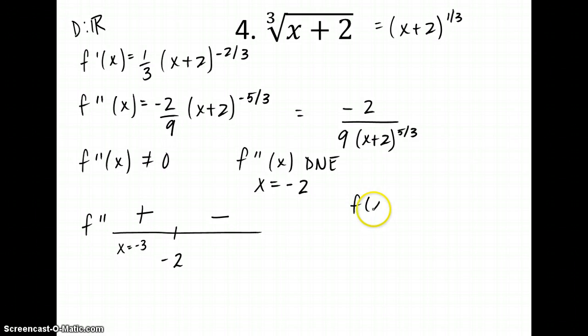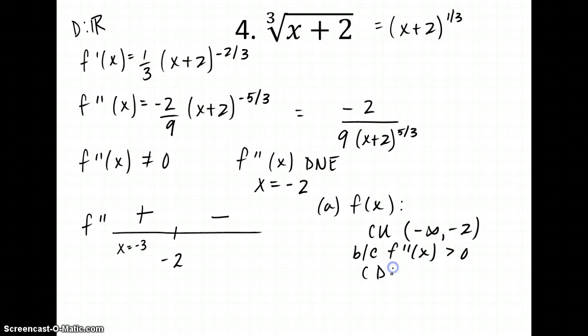So my function, the answer to A, is concave up from negative infinity to negative 2 because the second derivative is positive. Concave down from negative 2 to infinity because the second derivative is negative.